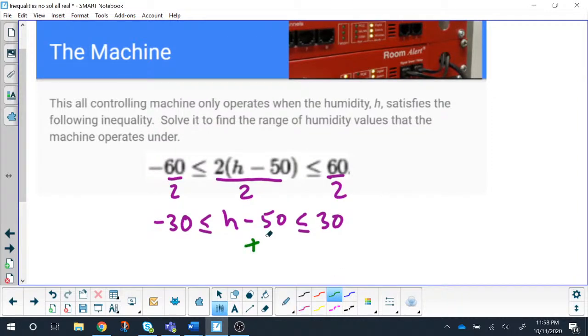I'm adding 50 to both sides. And notice we get a solution of positive 20 is less than or equal to H, which is less than or equal to 80.